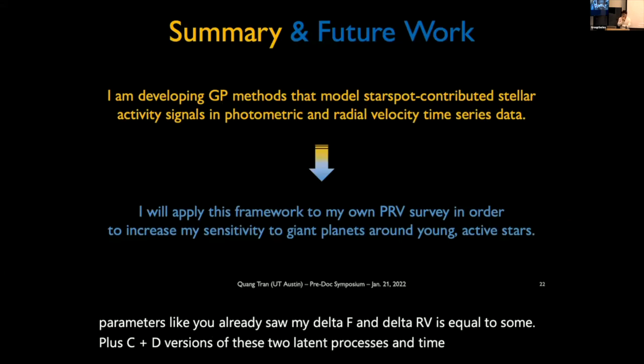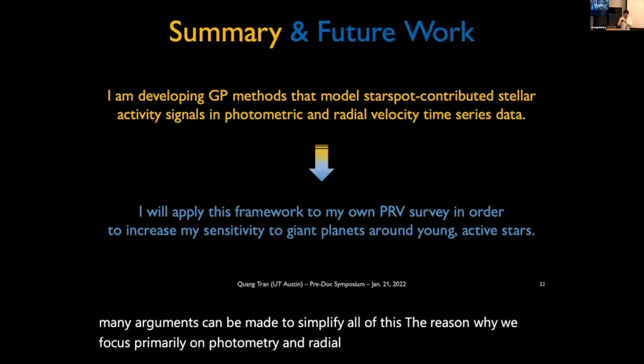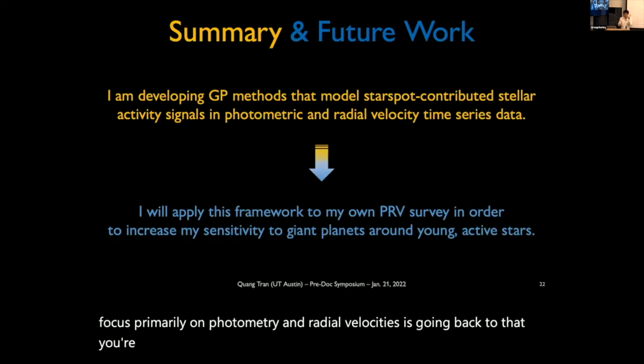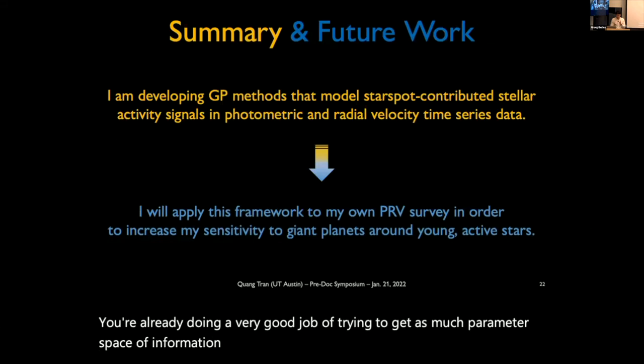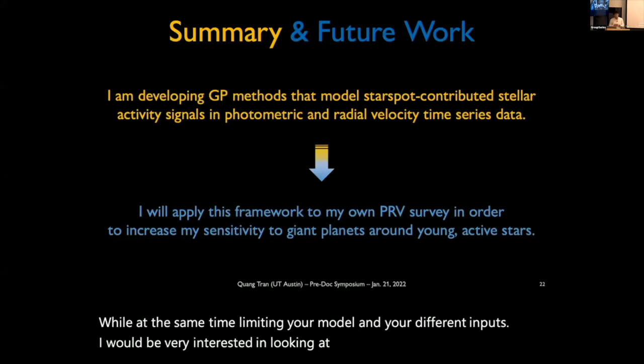Many arguments can be made to simplify all of this. The reason we focus primarily on photometry and radial velocities is that you're already doing a very good job of getting as much parameter space of information from the available observations, while at the same time limiting your model and your different inputs. I would be very interested in looking at it. I do not think you're adding that much more information.